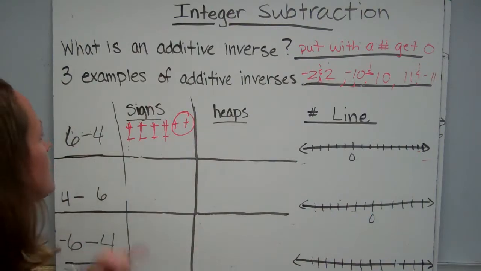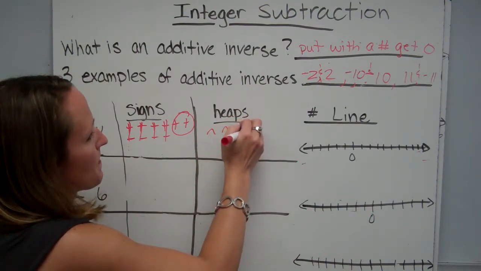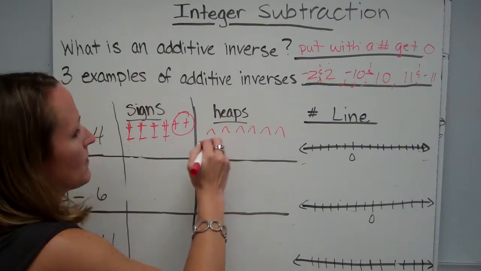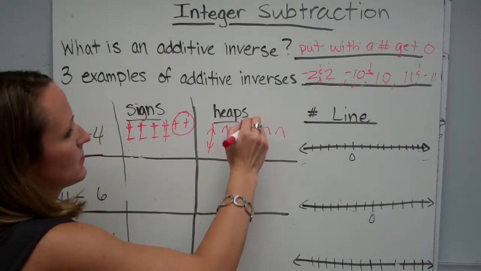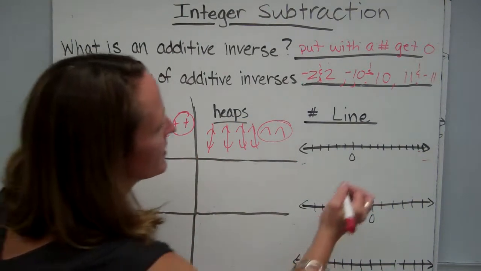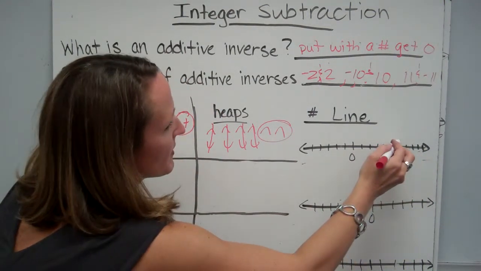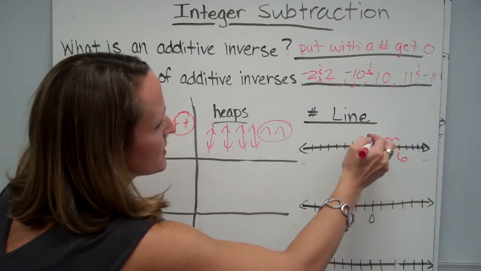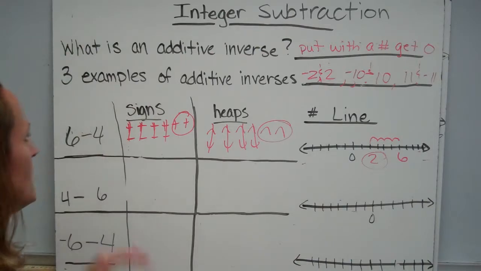You should be able to do this one, because this is what you've always done. We have 6 heaps. We have 4 holes. Cross them out. +2. If I start over here at 6, and I go back 4, 1, 2, 3, 4, I end up at +2.